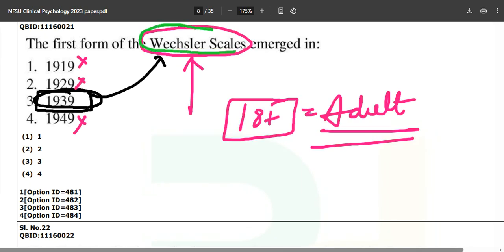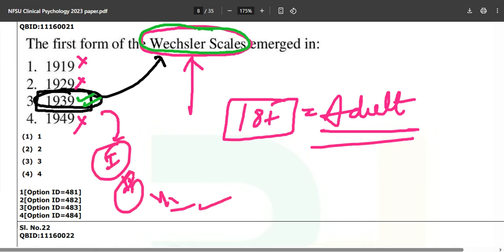Now what is your work? After it was made in 1939, what happened after that? One came, second came, third came, fourth came, fifth came. When the revised editions of the Wechsler scales come up, you have to learn about that. This question tells you that you have to know the chronology and complete details of the Wechsler scales as well.